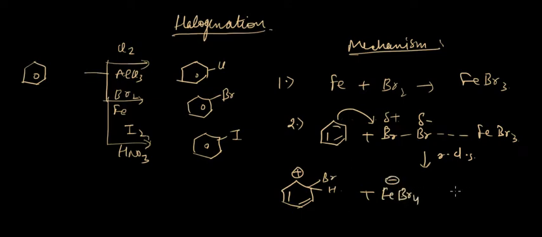okay. In the next step, H would be breaking the bond between itself and the carbon atom to which it is attached, and as a result, obviously FeBr4 minus would be attacking the hydrogen atom which is getting released from the carbon as a positive charge, and as a result there would be a negative charge on this carbon and a positive charge on the neighboring carbon atom.